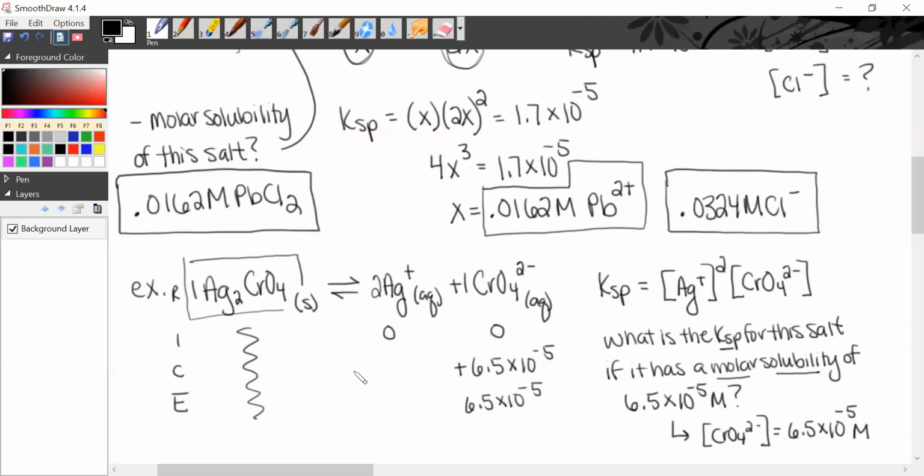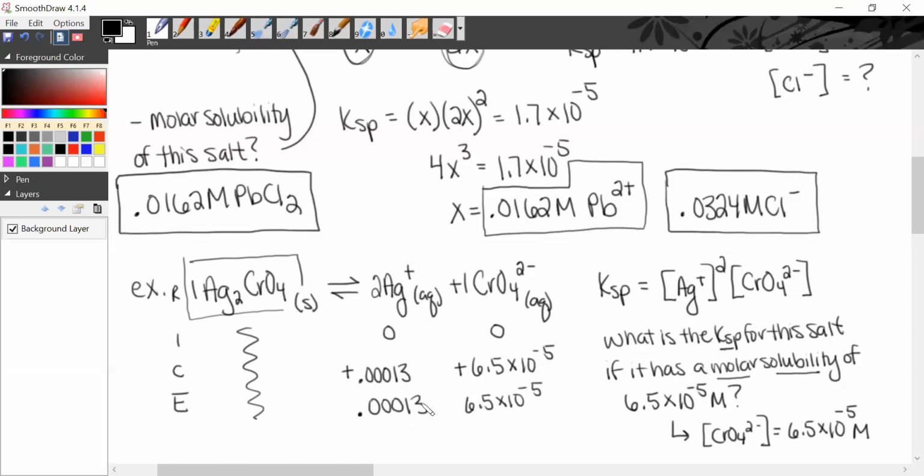So I'm going to get plus 0.00013 of my silver. I guess I should have stayed in scientific notation, whatever. 0.00013. All right, so does everybody see what I did right there? Your molar solubility is referring to the salt as a whole. Pay attention to your coefficients to figure out, okay, well, what does that mean about the solubility of each of the ions?